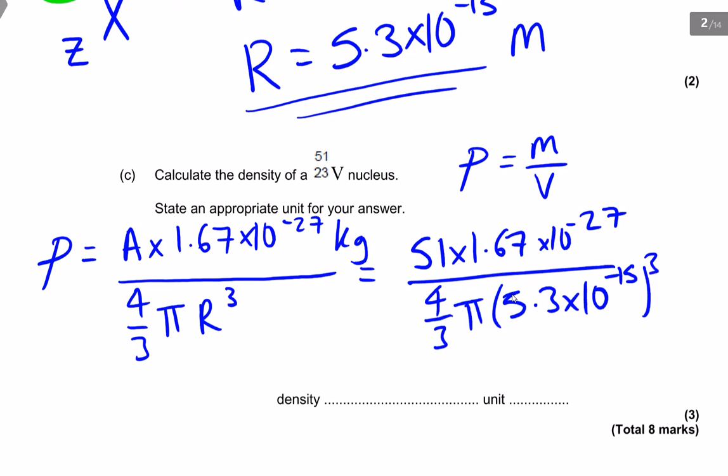So if we type that in, bit of a longer one here, we should get out 1.4 times 10 to the 17.